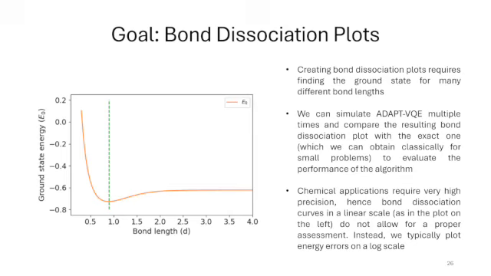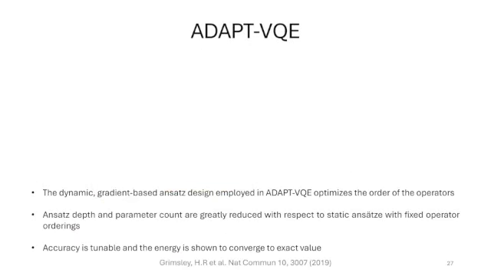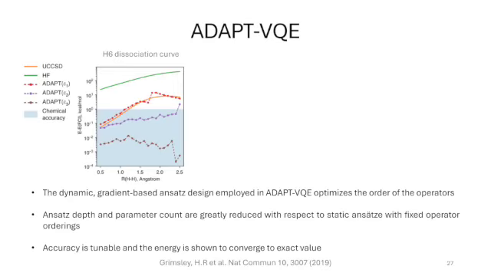And what I will be plotting throughout the talk will mostly be like this, so errors in a log scale, but it represents this type of bond dissociation curves that test the algorithm for multiple degrees of correlation. So let's see how the algorithm performs using classical simulations. First, on the left, I have a plot of the error versus the bond distance for a molecule composed of 6 hydrogens.